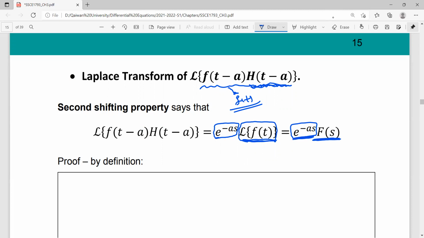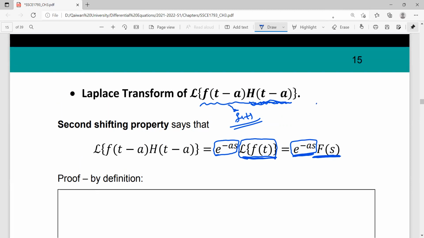That means if we multiply the Heaviside function, or the unit function, by a function f of t, we find the Laplace transform for f of t, then we multiply it by e to the power minus as. Let's take an example.